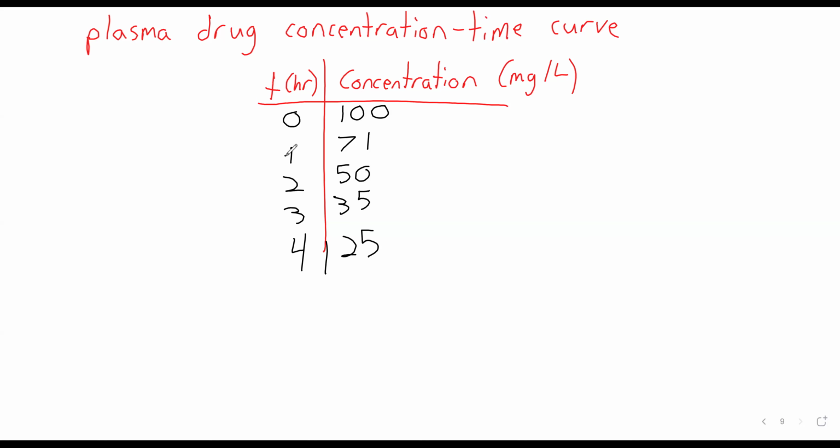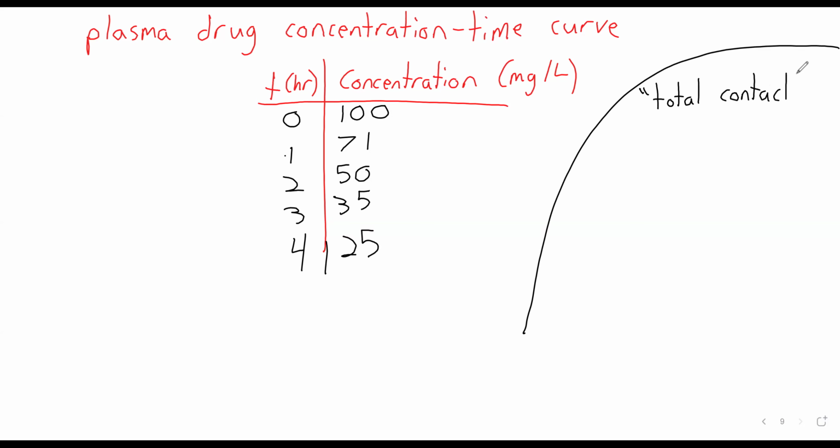So what you don't have, but what you clearly might be interested in, is the total contact with the drug. Because maybe the drug is potentially dangerous. You see this a lot in cancer, right?